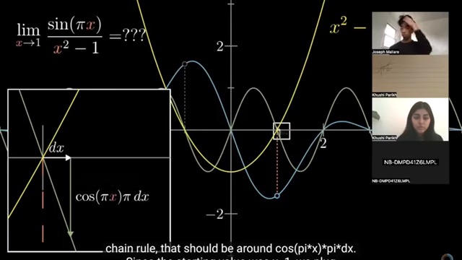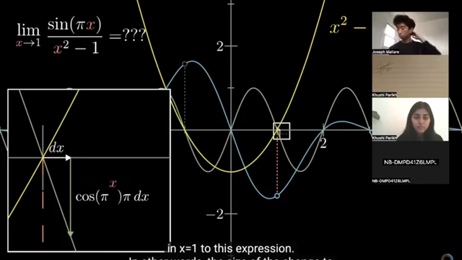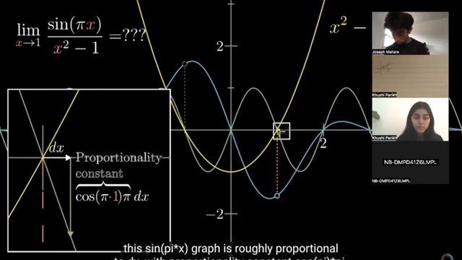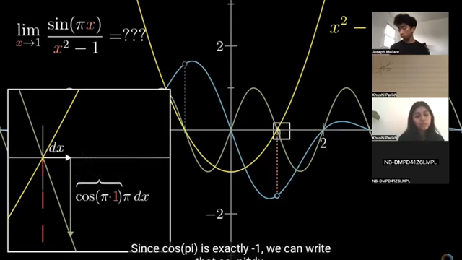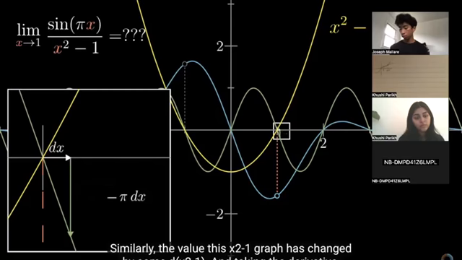Since the starting value was x equals 1, we plug in x equals 1 to that expression. In other words, the amount that this sine of pi times x graph changes is roughly proportional to dx, with a proportionality constant equal to cosine of pi times pi. And cosine of pi, if we think back to our trig knowledge, is exactly -1. So we can write this whole thing as negative pi times dx.